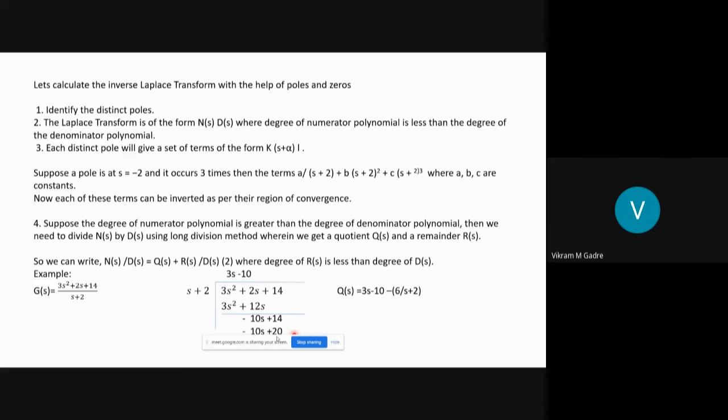Moreover, system functions may or may not be rational. But most of the time, for realizable systems, we can only have rational system functions. So Professor Nandita is beautifully explaining how poles and zeros characterize the rational system function, and how you could invert the Laplace transform in the context of a rational function.